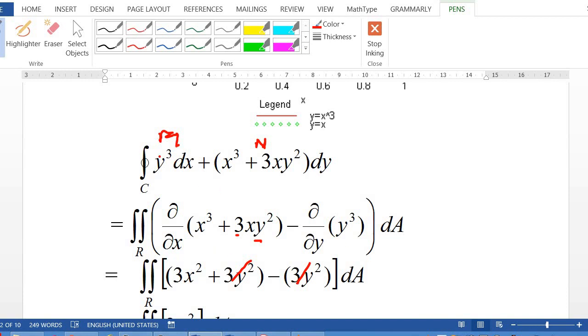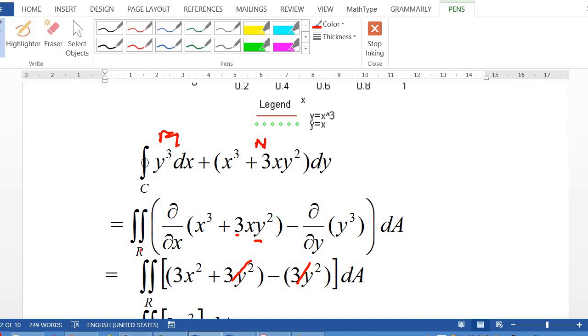If you have the line integral of M dx plus N dy, then using Green's theorem it will become the double integral of del N del x, the del x of the coefficient of dy, minus the del y of the coefficient of dx, dA over your region R.